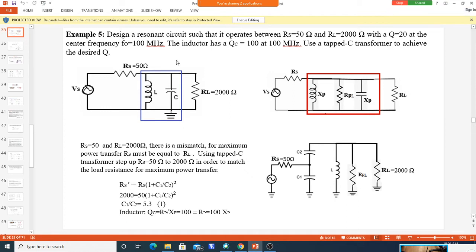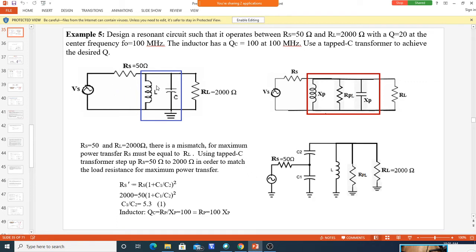So in such a case, if it is impossible to have a higher value of RS, if it is fixed and lower, we can increase the value of RS by splitting the capacitor or inductor. That is called a tapped L or tapped C transformer. Using either of these, you can make an effective source resistance that looks increased.